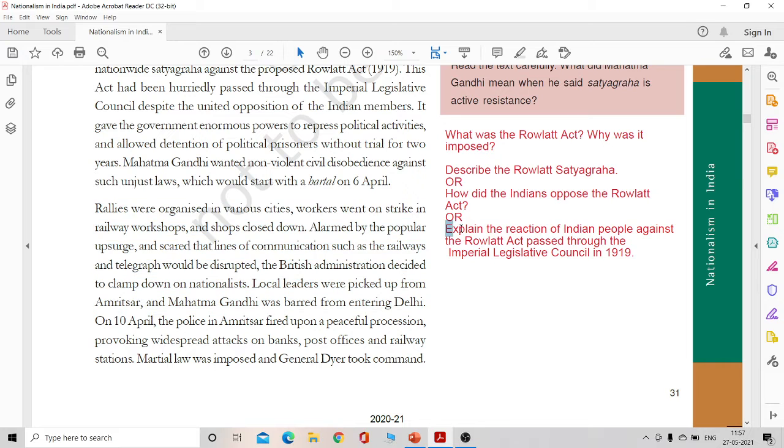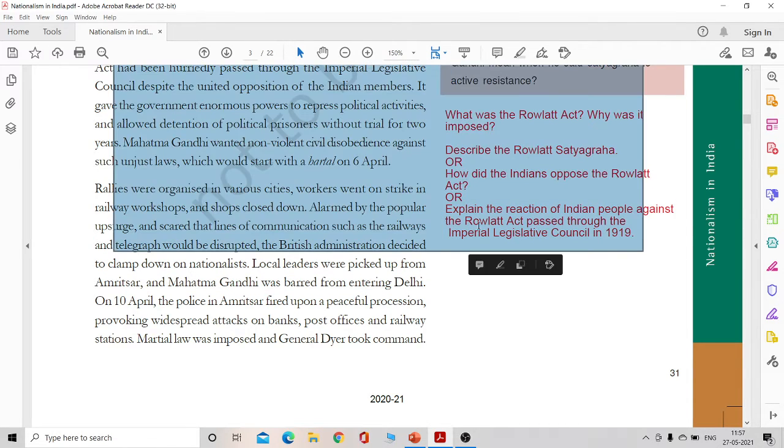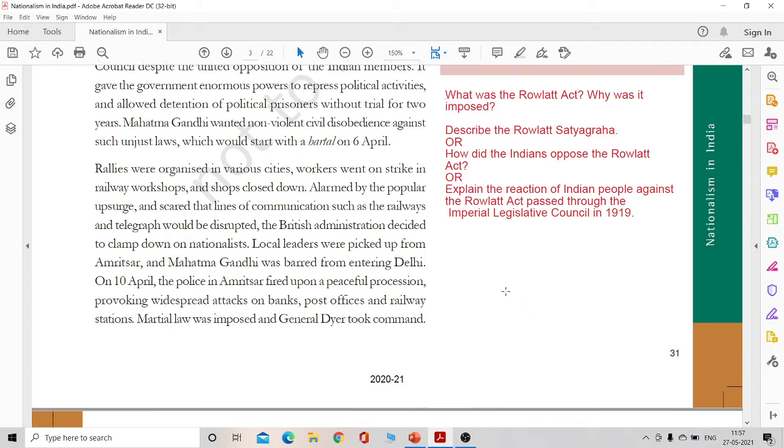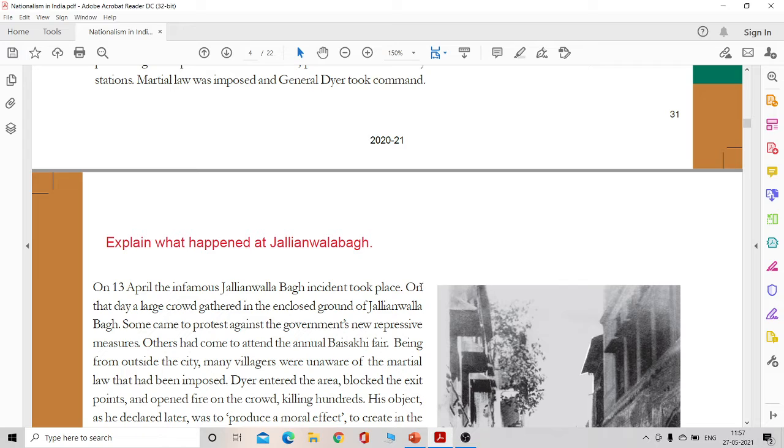Now, explain the reaction of the Indian people. Again, the answer is the same. So this is more or less the variety of questions that can be asked on the same topic, the Rowlatt Act, right? Now, moving further forward, we come to the next question. Explain what happened at Jallianwala Bagh, or write a short note on the Jallianwala Bagh massacre.